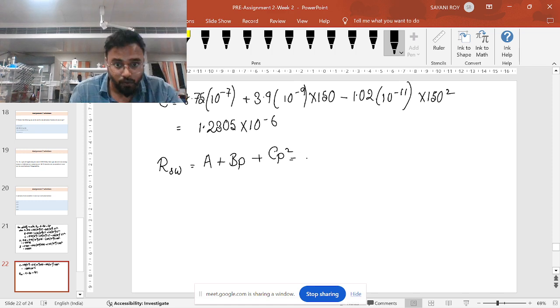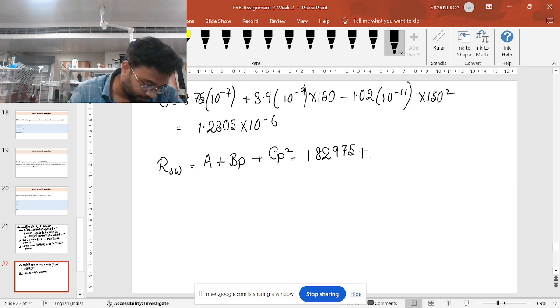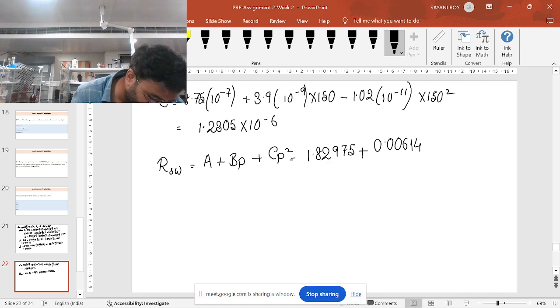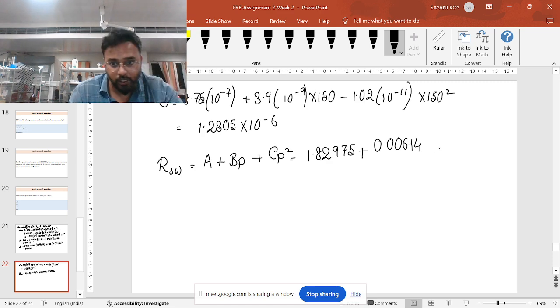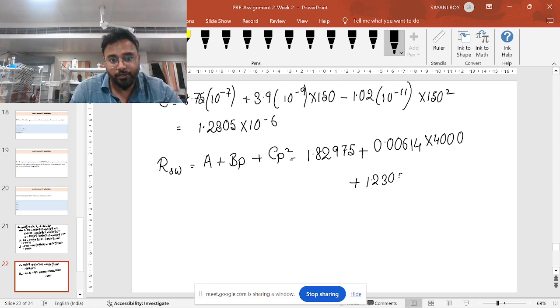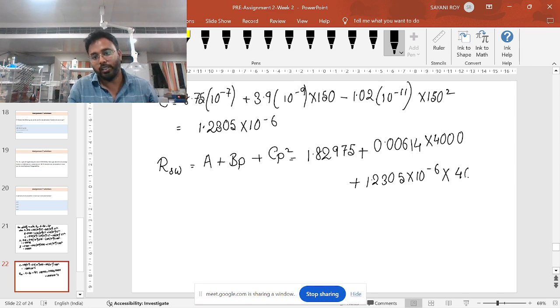So it is 1.82975 plus 0.00614 into 4000, the pressure given as 4000, plus 1.2305 into 10 to the power minus 6 into 4000 square.